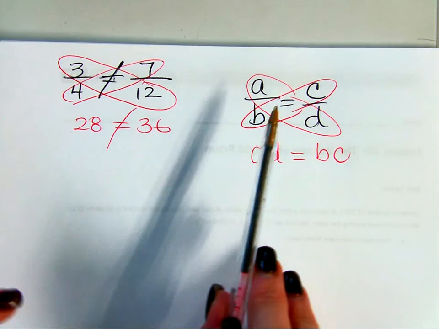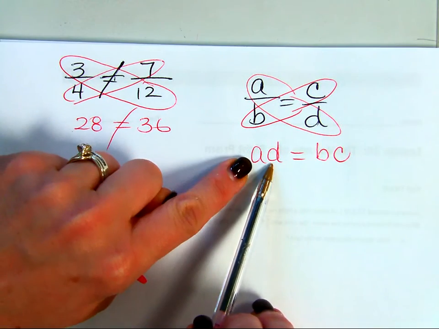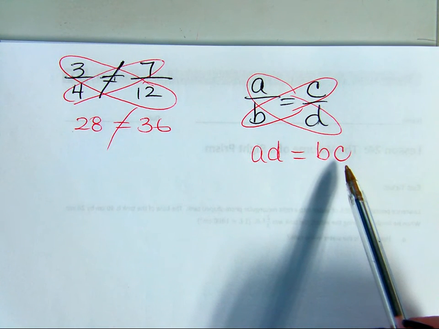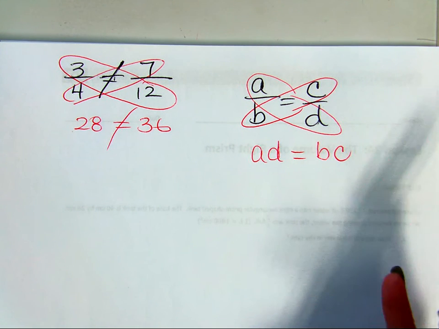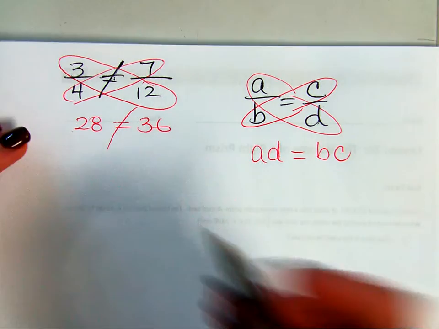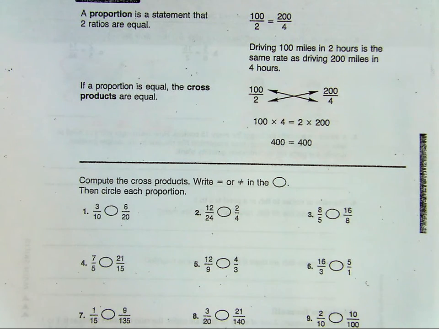Okay, so these two numbers times each other always need to equal these two numbers times each other. Got it? Okay. Good with that? So that we have 3 ways to figure out a proportion.